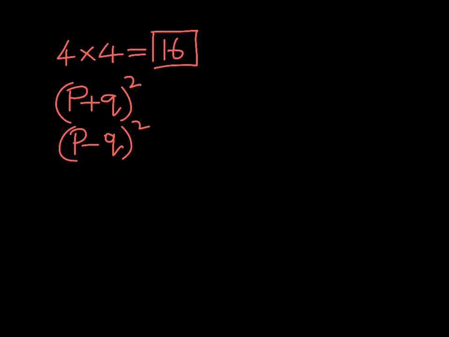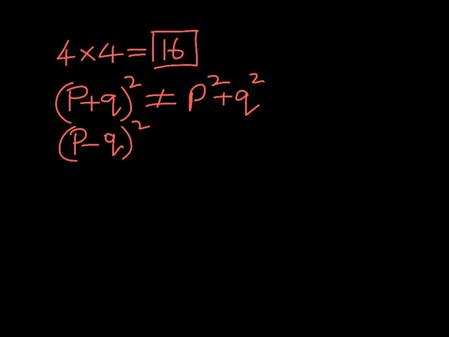So what does this translate to when you are trying to expand a perfect square? The first thing is that we need to understand the meaning of (P plus Q) squared. (P plus Q) squared is not the same as P squared plus Q squared.